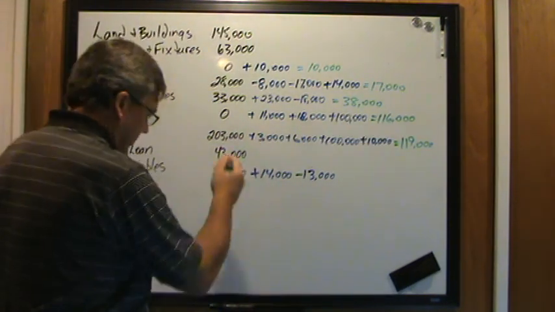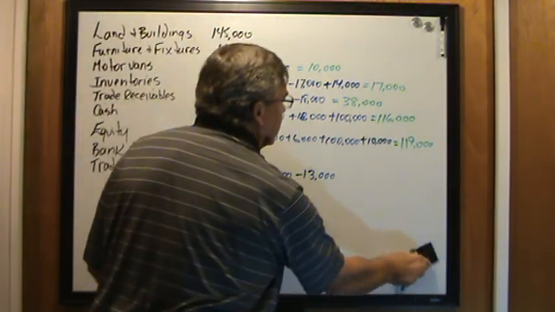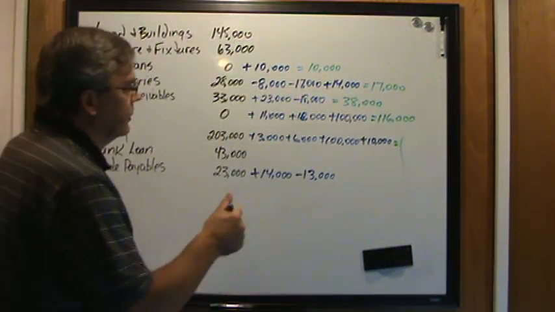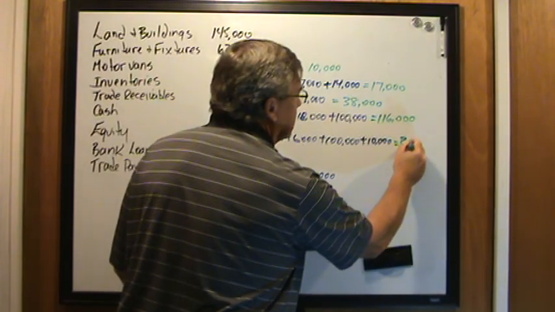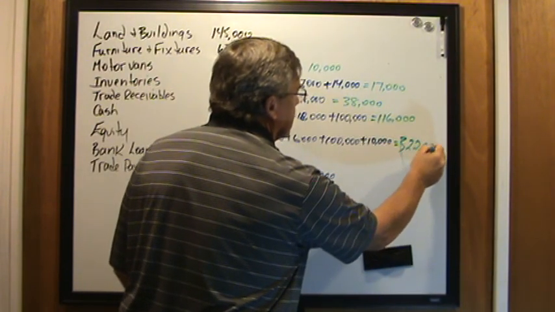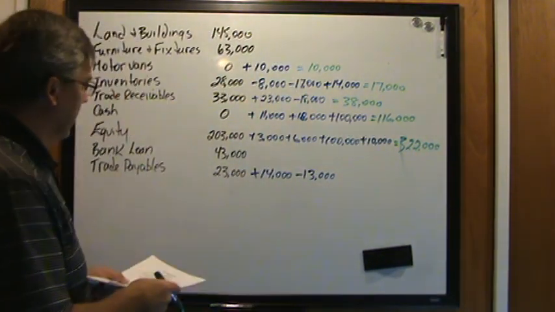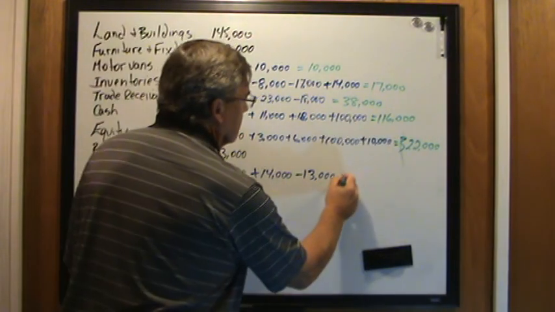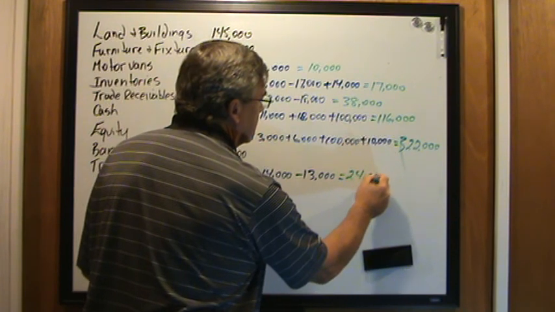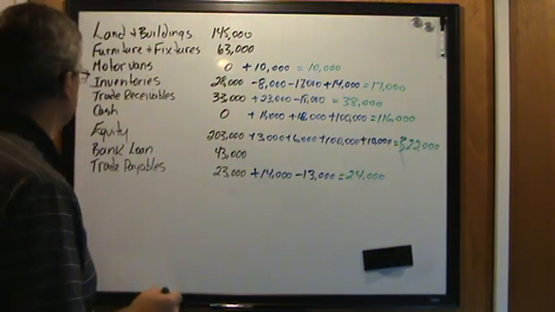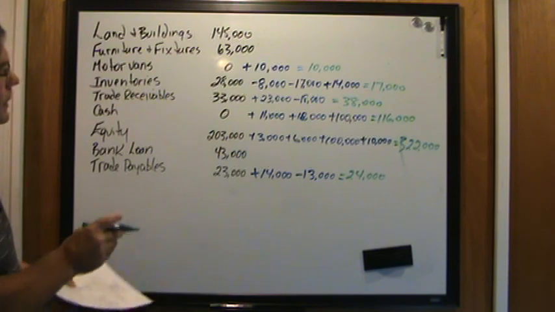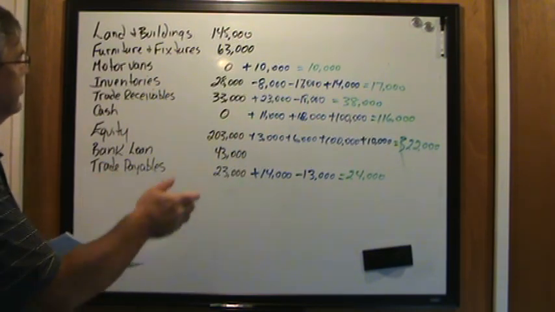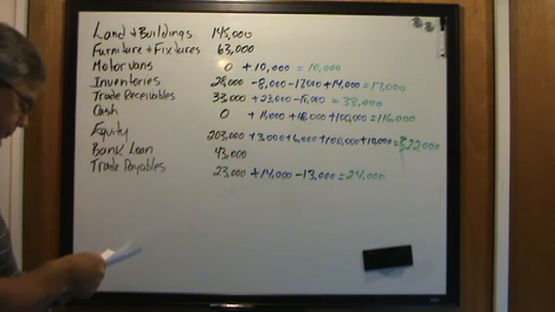Oh, sorry, just as I said, you have to add the beginning balance, equity is 322,000, that's a little better. And trade payables turn out to be 24,000. Okay, so if you remember those balances, I'm just going to collapse this into the balance sheet here.